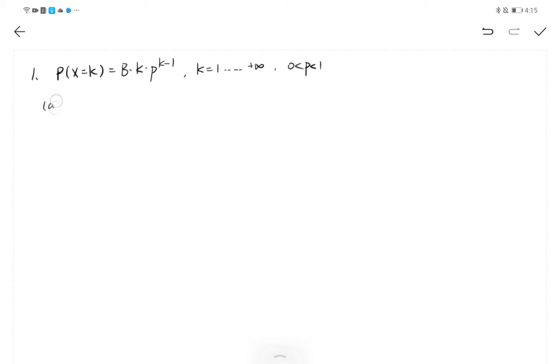Question A: find b so that the probability of X equals k represents a probability mass function.